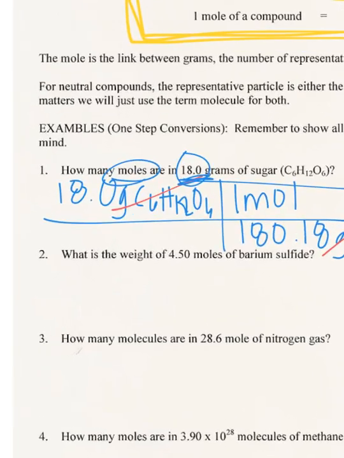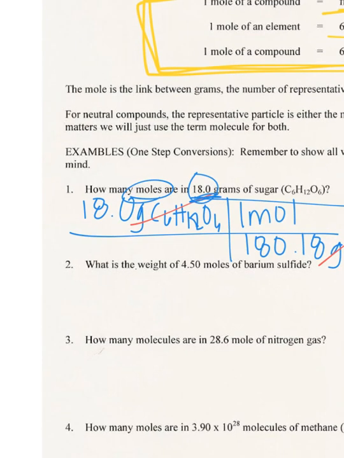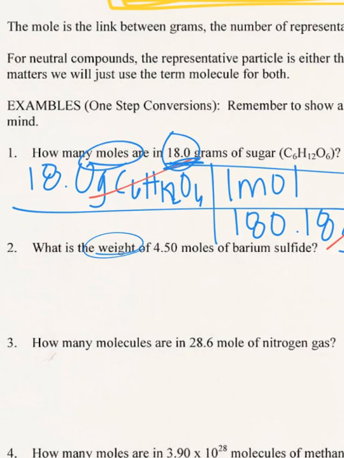Okay, over here, we got 4.5 moles of barium sulfide. They want to know the weight or the grams. So start with what they gave you, and this is barium sulfide. Again, naming is super important. How are you going to find the molar mass if you don't know the name?